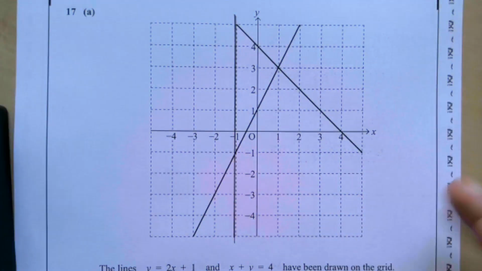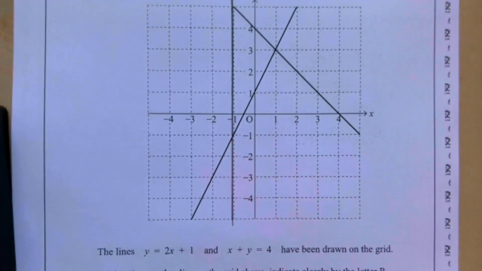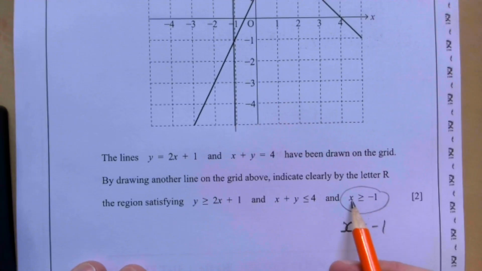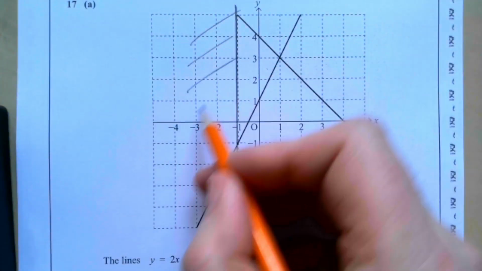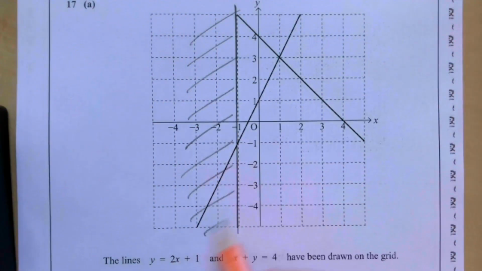So that's that line, and we need to see then which bits we're looking for. We want x is greater than minus 1, so I know it's going to be that end. I don't want this side, so this is the bit I'm getting rid of.